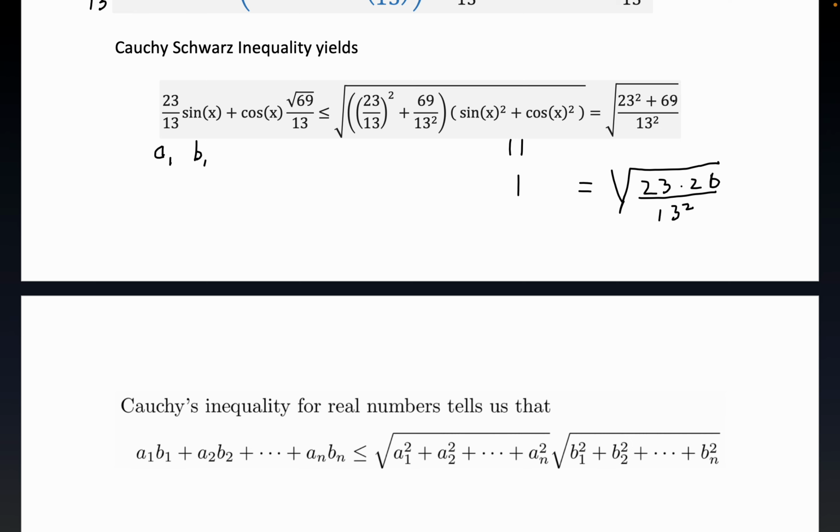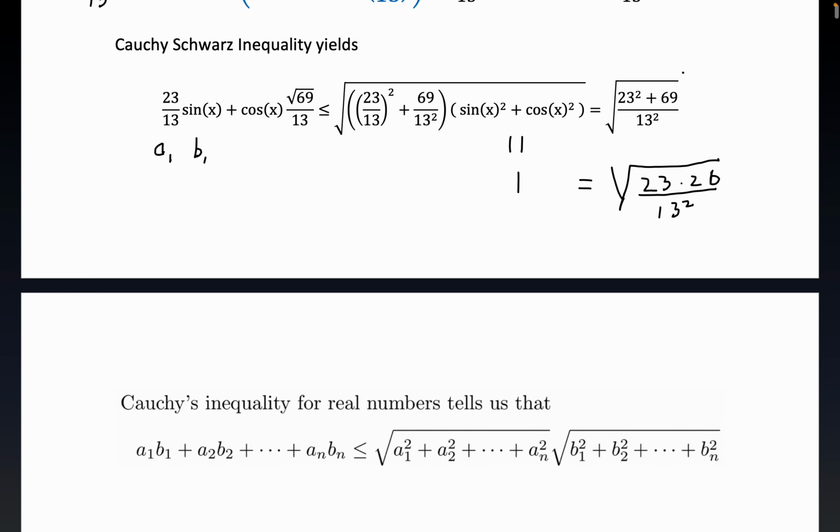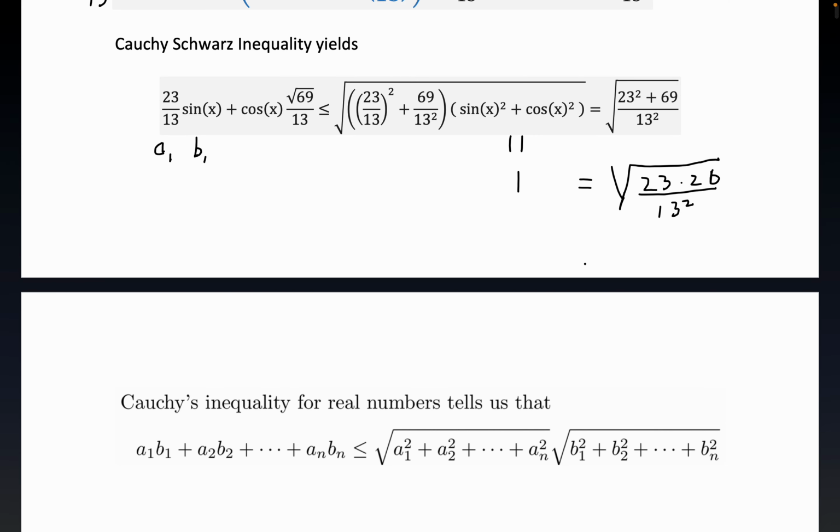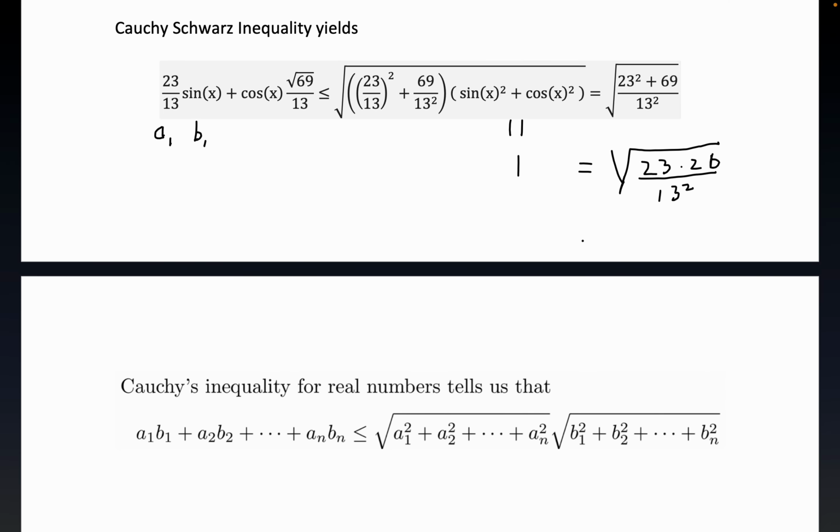Then you have 3 left from here because 3 times 23 is 69, right? Now notice right here, this is 2 times 13. So again, let me just write the final answer. This would be the square root of 46 over 13. And you guys can verify the arithmetic, but I double checked it.